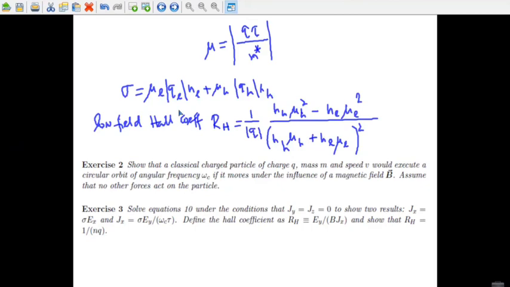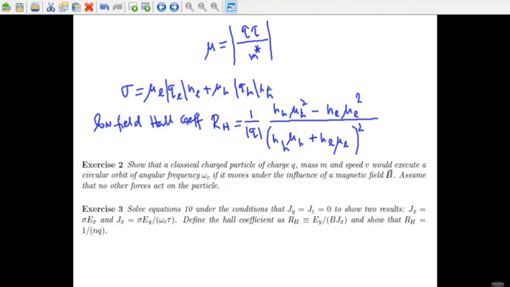So the total conductivity would look like sigma equals the electronic carrier density times the charge times the mobility of electrons, and likewise the carrier density of the hole, the charge of the hole, and the mobility of the hole.